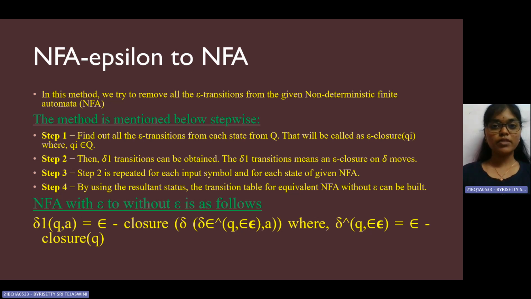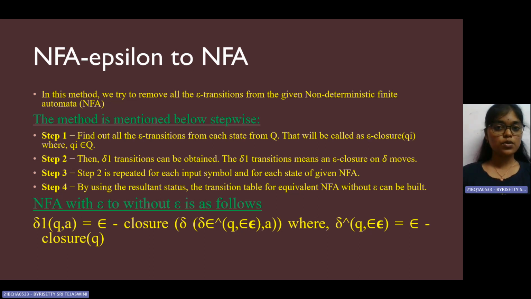If there is no epsilon from one state to another state, then the state itself will be considered in the epsilon closure. If there is an epsilon transition from 1 to 2, then the epsilon closure will be 1 and 2. So step 1 is finding the epsilon closure for all the states.